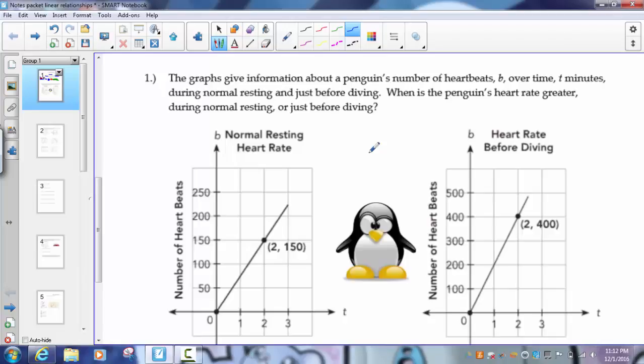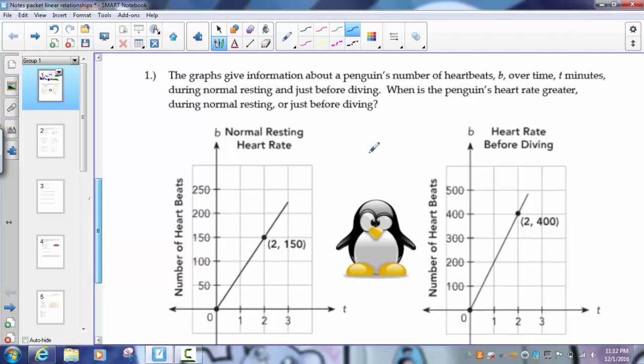Here it says the graphs give information about a penguin's number of heartbeats b over time t minutes during normal resting and just before diving. When is the penguin's heart rate greater, during normal resting or just before diving?